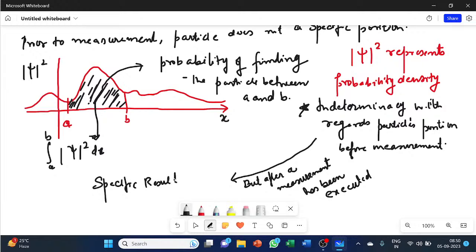But remember, this result also is probabilistic. This result is also probabilistic.